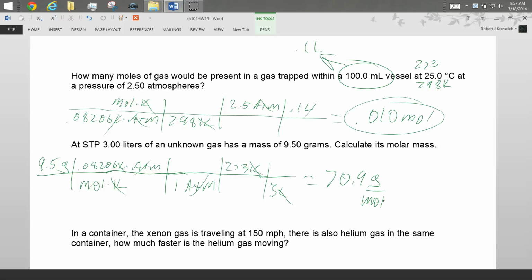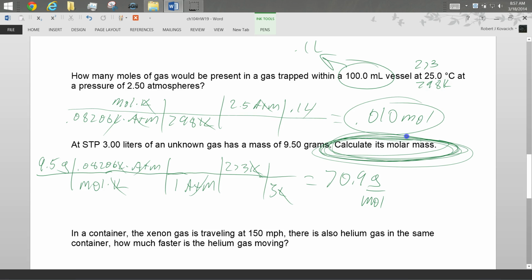What were the questions about the second one on this page? How did you determine that the atmosphere is on the bottom? Molar mass. I'm trying to calculate a molar mass, right? And Steve told us right at the beginning that the molar mass's units are grams per mole.